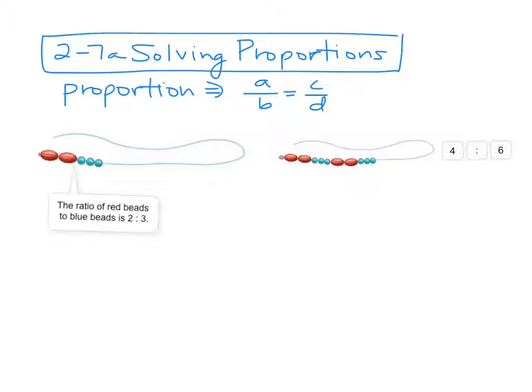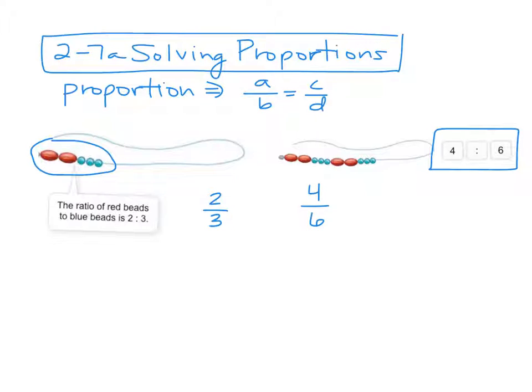So look at these two pictures. In this picture here, the ratio of your red beads to your blue beads is 2 to 3. If you look at your next one, your ratio of red to blue is now 4 to 6. What do you notice about 4 over 6?